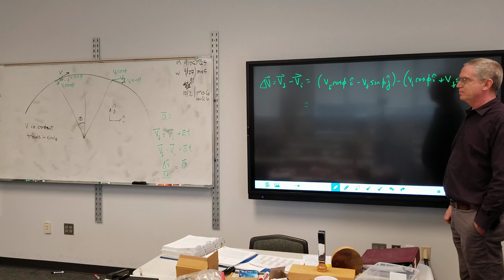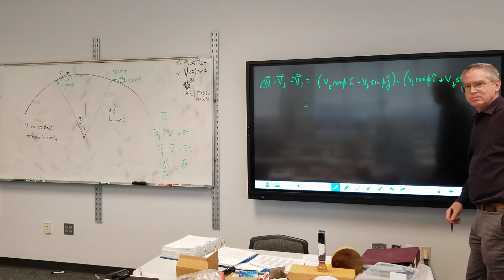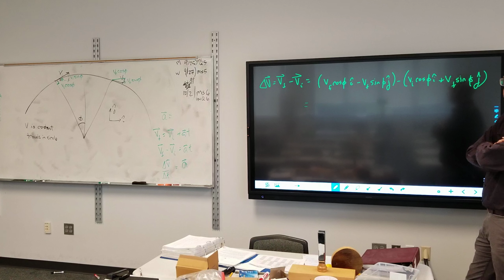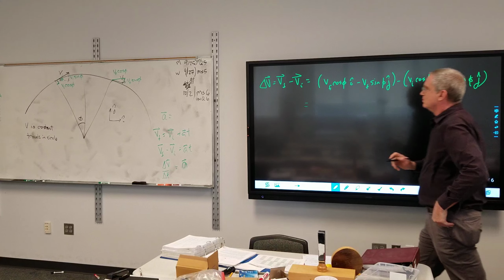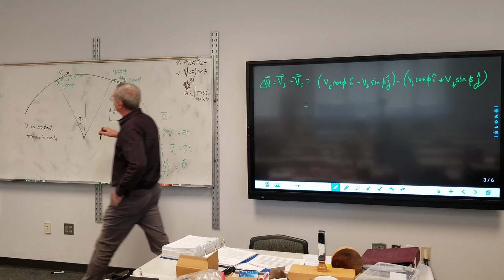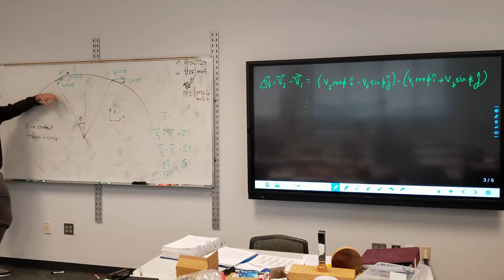What does that equal to? How do you get that equation? So I broke VI into perpendicular components, horizontal and vertical.